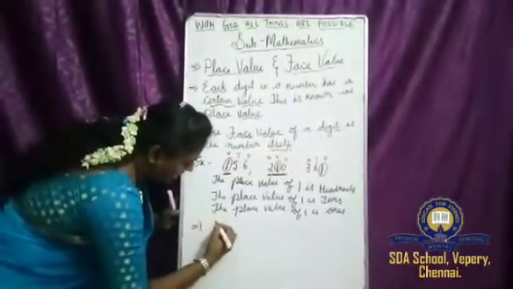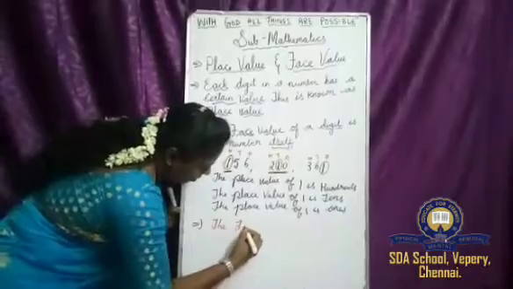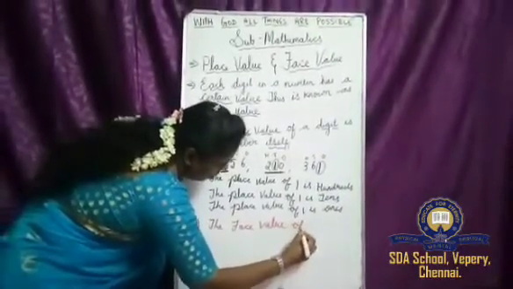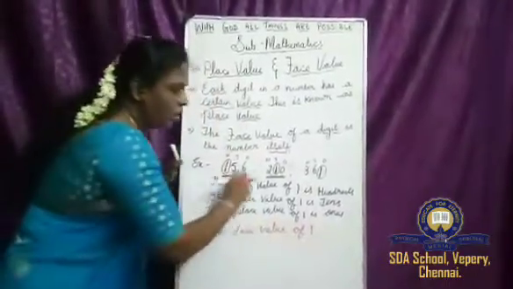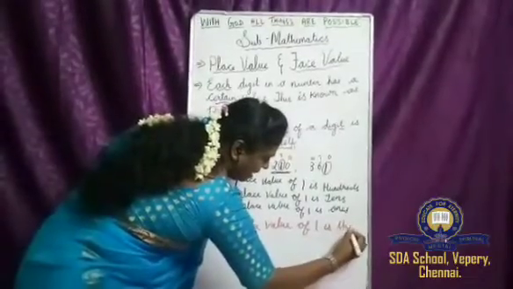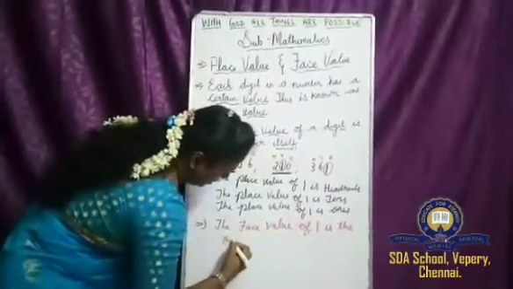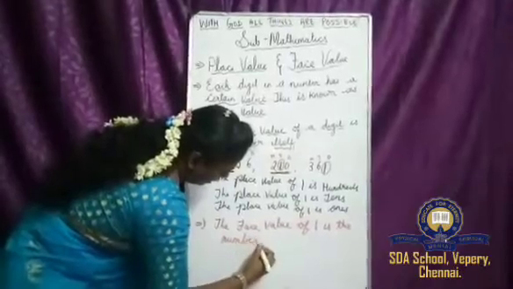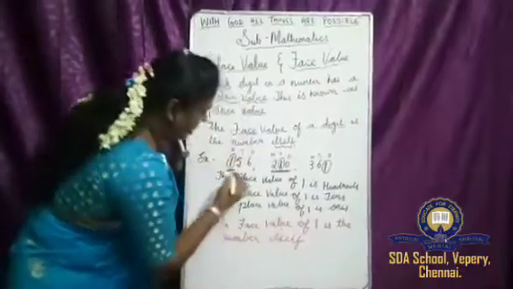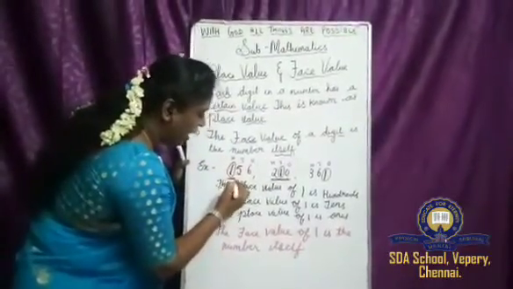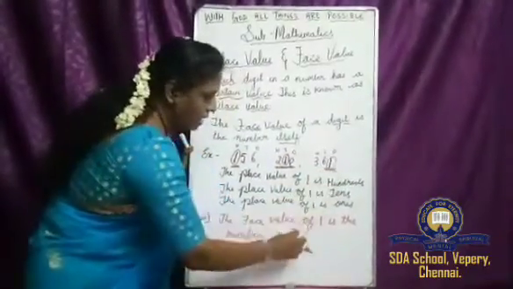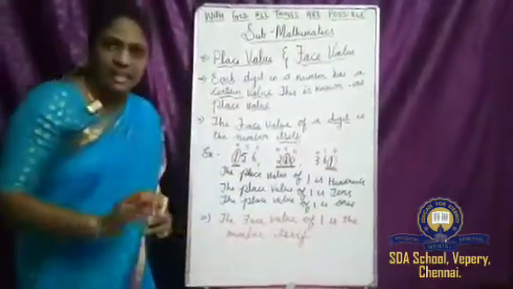So when we write the face value of 1 in all these three numbers, it is the number itself. The face value of this one, this one, and this one is the number itself.